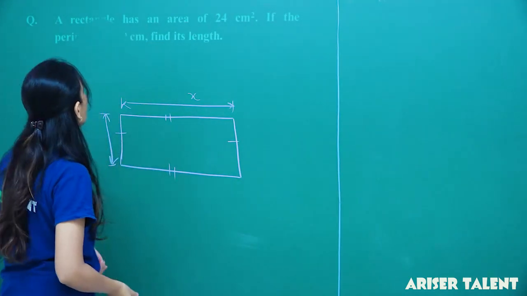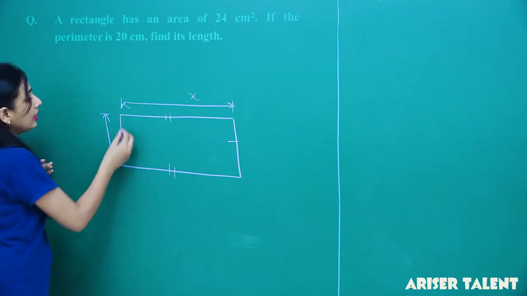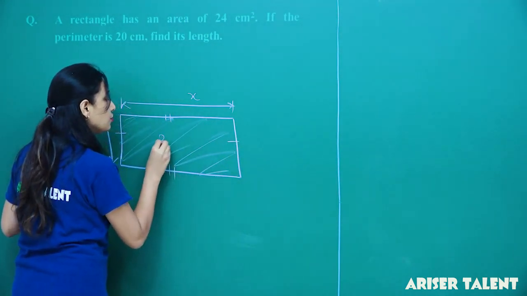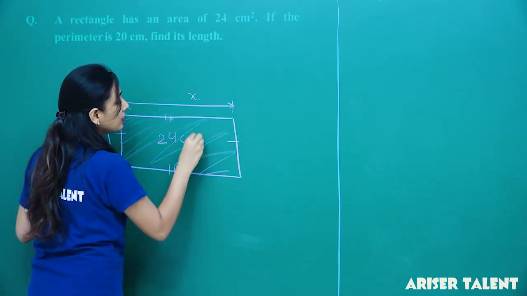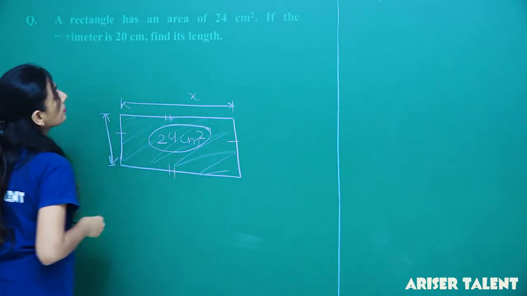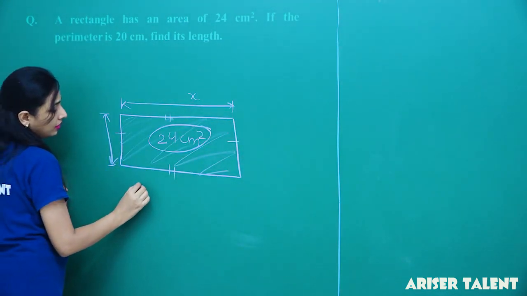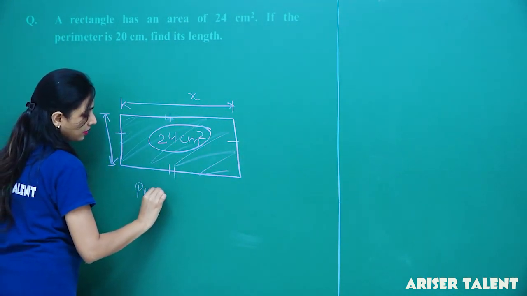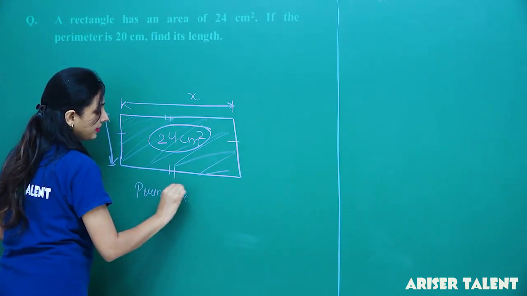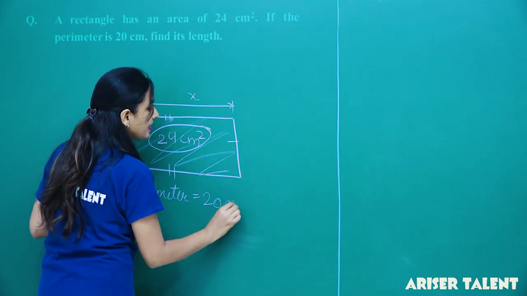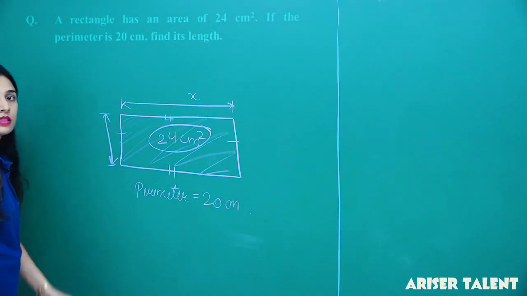So it's saying that a rectangle has this area of 24 centimeters square, right? If the perimeter, now this perimeter is 20 centimeters. You have to find its length.